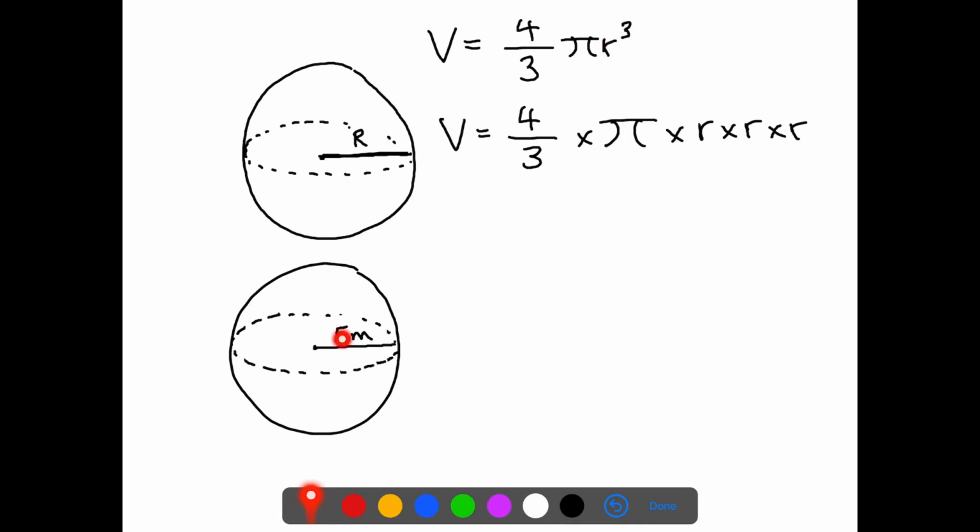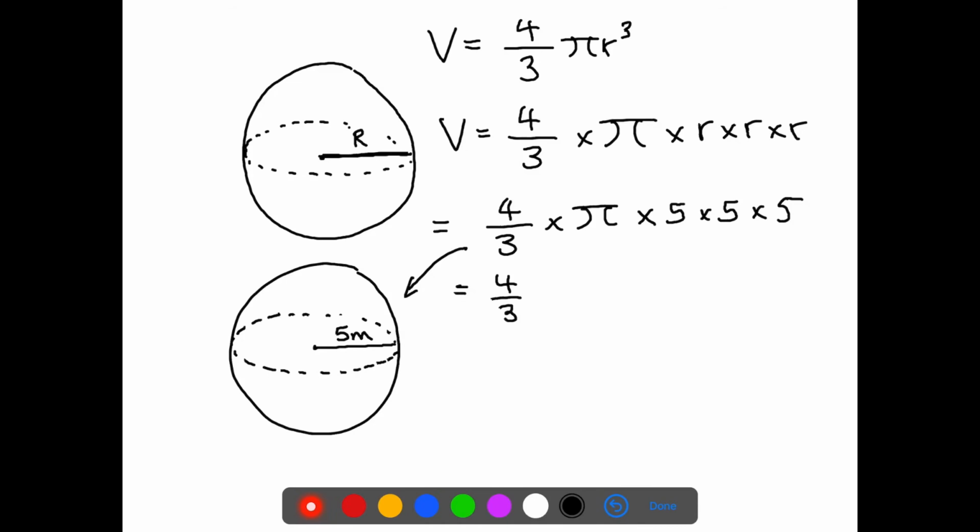And that's because we've got this 3. It doesn't mean the radius, which is 5 by the way, times 3. It means the radius times the radius times the radius. So let's put our information in. We'll leave pi as it is until right at the end. So r is 5 in our question.